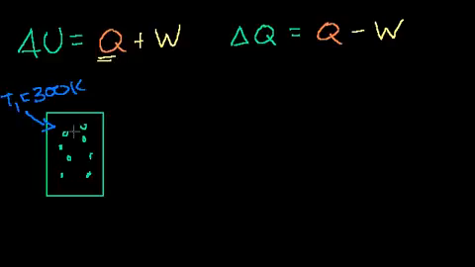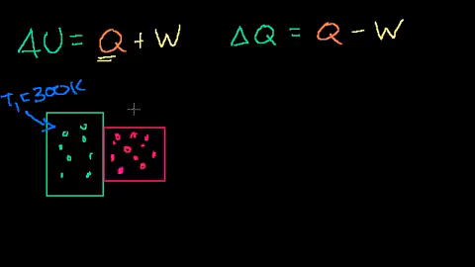If I want to add heat to this system, I can place another system right next to it. Who knows what size it is. And it's got some particles there. But its temperature is much, much higher. So let's say T2 is equal to 1,000 Kelvin. I'm just making up numbers.